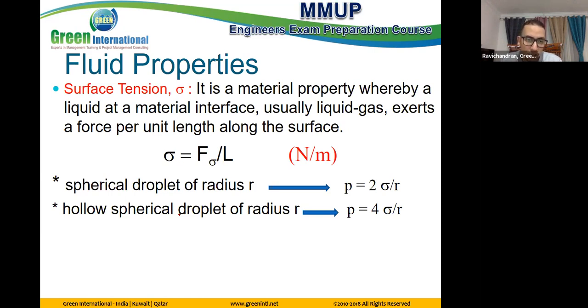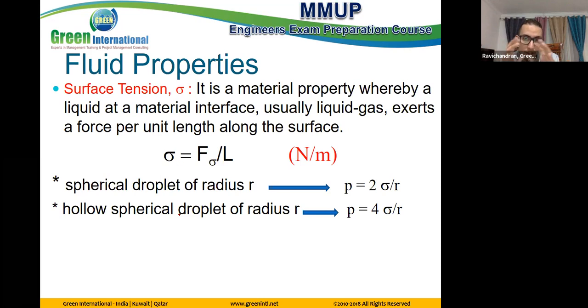We have two famous applications, and sometimes they come in questions. The internal pressure created in a droplet or hollow spherical droplet due to the surface tension.